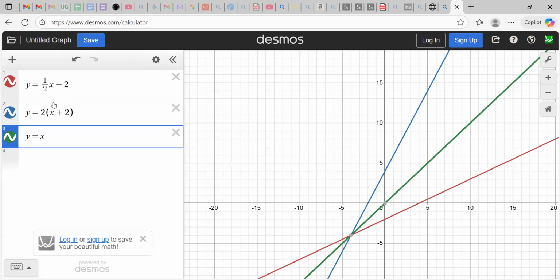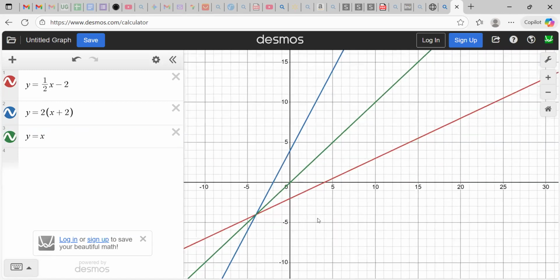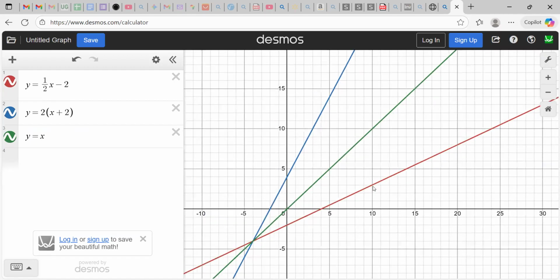You can jot it down and see if you can prove by yourself. Find the inverse of half x minus 2 and see if it's not this. Right? And you can see from the looks of it, if you watch this here, the whole setup here, you're seeing that this red line is a reflection of this blue line in this green line.